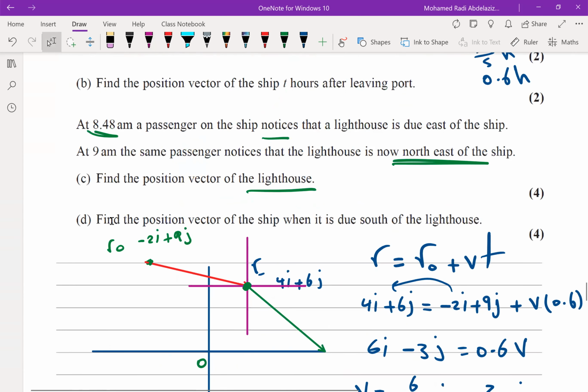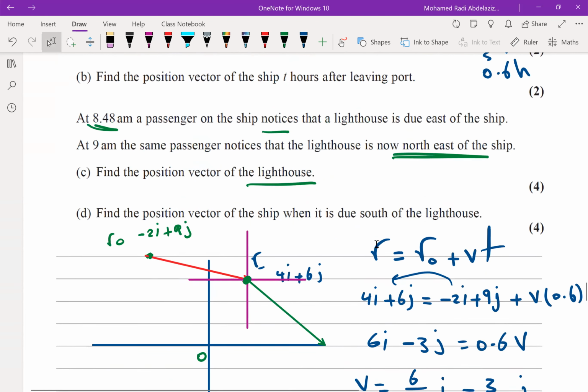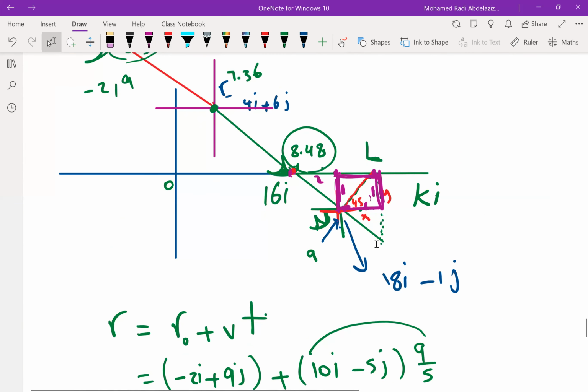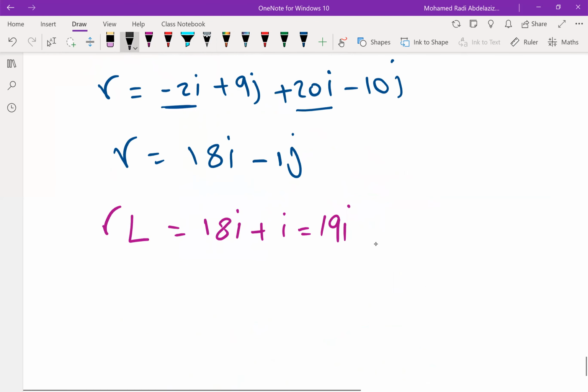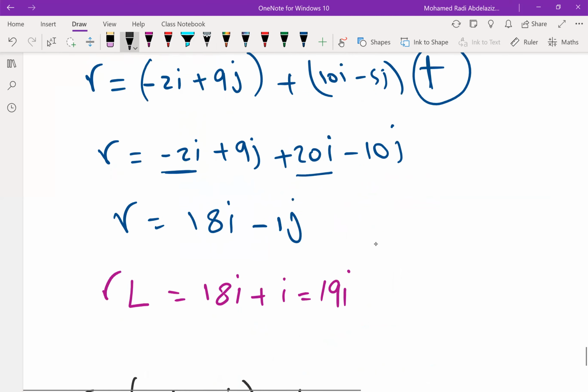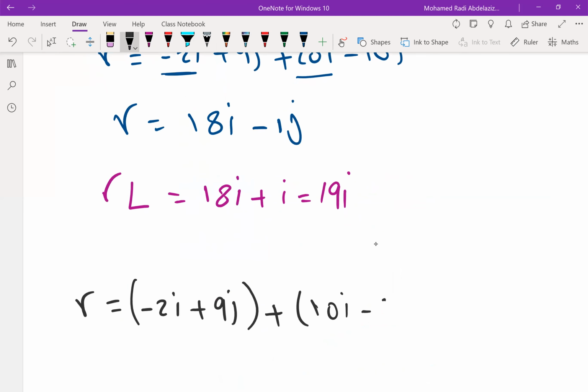In part D, find the position vector of the ship when it is due south of the lighthouse. To be south of the lighthouse, again, when it's moving from this position to be here, we'll find the final position, which is negative 2i plus 9j plus v, which is 10i and minus 5j multiplied by t.